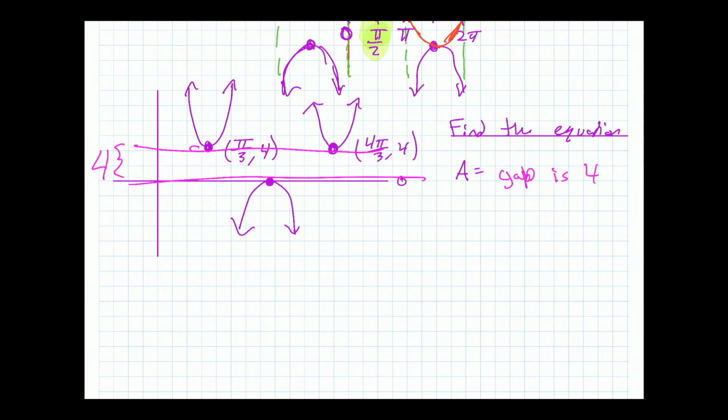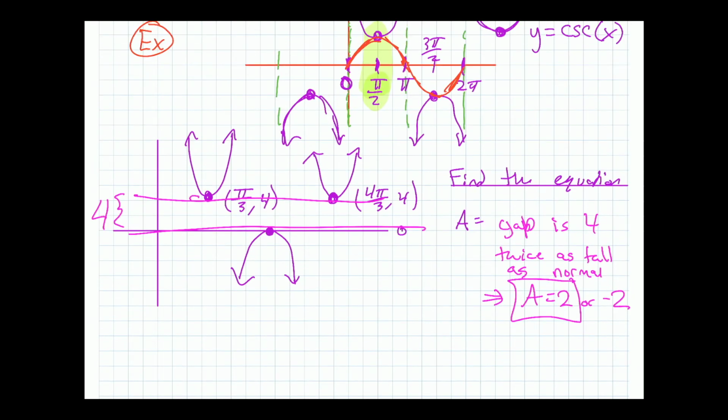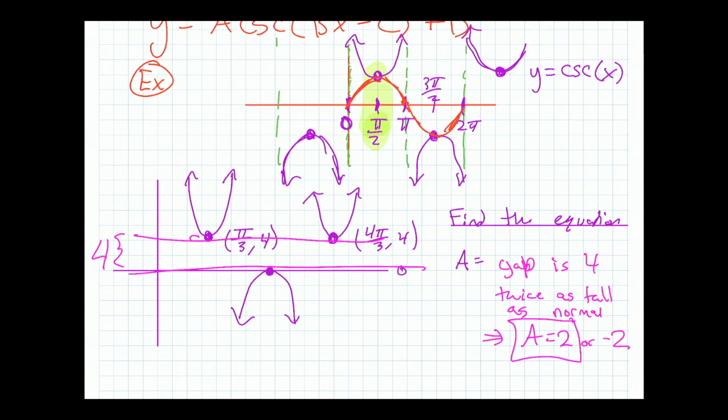That's twice as tall as normal. So if it's twice as tall, that means A is 2 or minus 2. In fact, it's going to be 2, because just by looking at this graph, it doesn't look upside down.